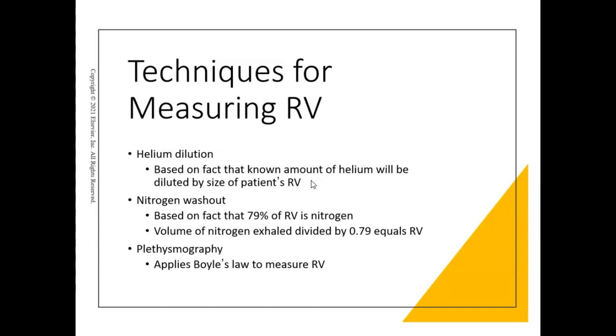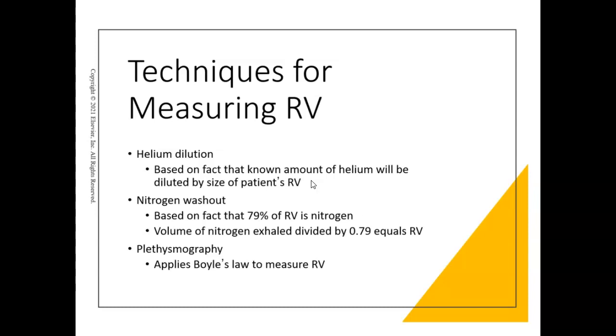Same with nitrogen washout. Nitrogen washout is based on the fact that we're typically breathing 78 to 79% nitrogen in the room air. So 78 to 79% of the volume of gas that's in our lungs is made up of nitrogen. What the patient does during nitrogen washout is they're not breathing nitrogen, they're breathing 100% oxygen.